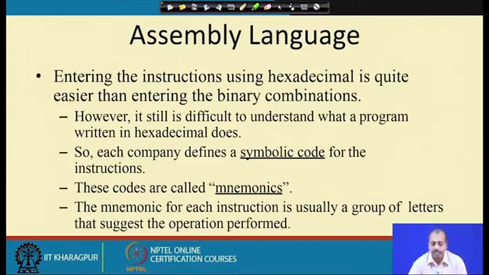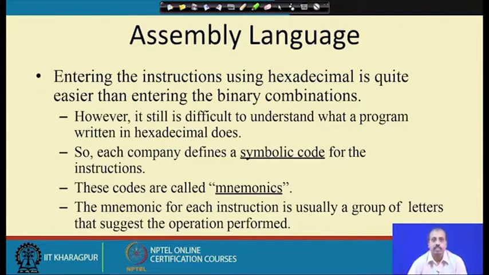Entering instructions in hexadecimal is easier than entering in binary combination. However, it is still difficult to understand what a program written in hexadecimal does, because I need to interpret each and every hexadecimal number that I have entered. So, different companies have defined a symbolic code for the instruction.